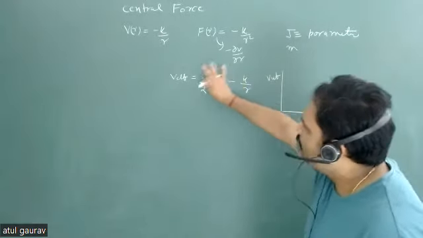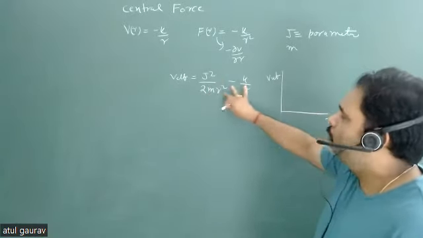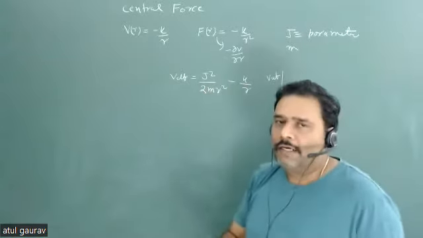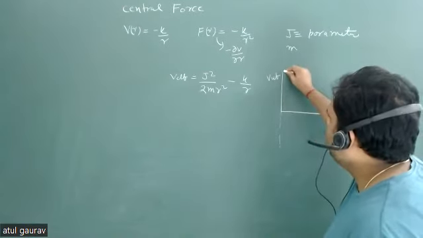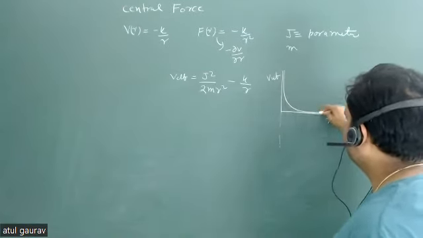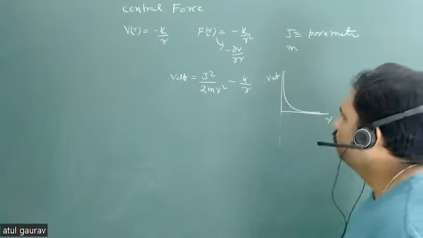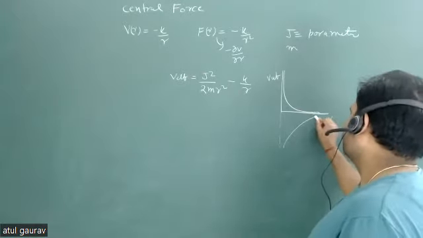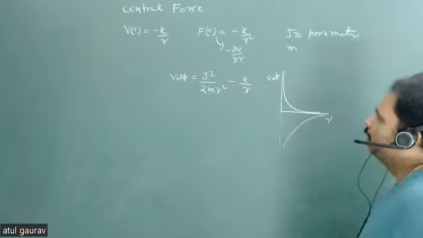If I plot them separately, suppose I am plotting J square by 2m R square, and I am keeping J square upon m and K equal to each other in number. So you can plot something like this. And for this other term, which is proportional to 1 by R, it will decrease a little bit slower. So if we plot it separately, this kind of thing is there.